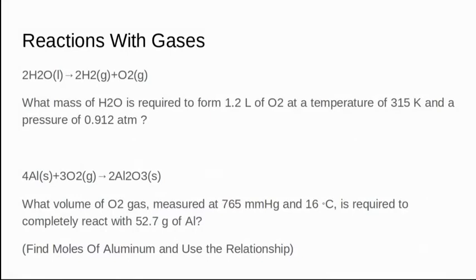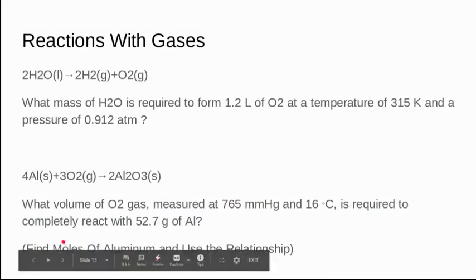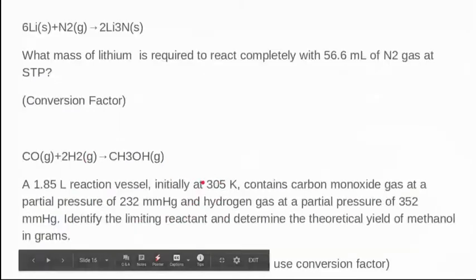So if you have, say this ends up being 12 moles of aluminum, you'll multiply that by 4, divide by 3, and then you'll get the amount of moles of now oxygen, not aluminum, that you need, and then you can plug the rest into PV equals nRT.